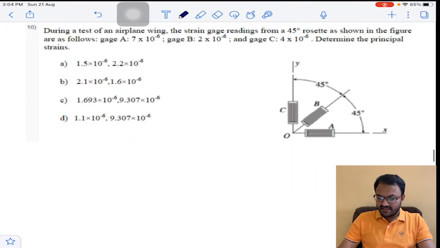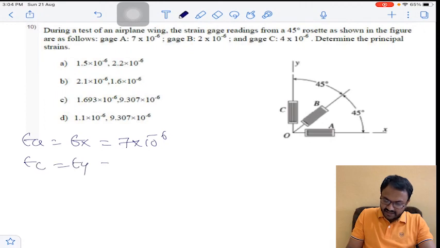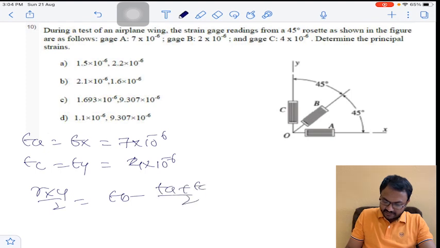Coming to question number 7, he has given EA. This is along the x direction, so it will become Ex, 7 into 10 power minus 6. And EC, that is along the y direction, so it will become Ey, and it will be 4 into 10 power minus 6. And for gamma xy by 2, we have the formula EB minus (EA plus EC) by 2.